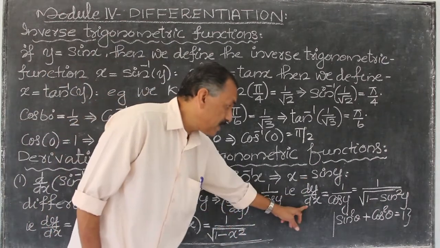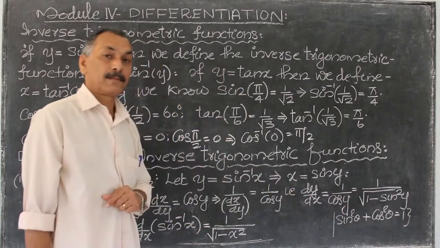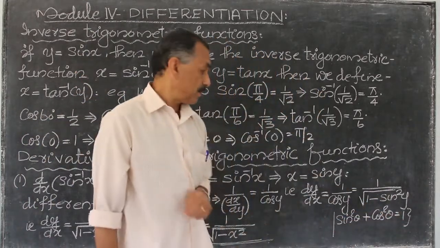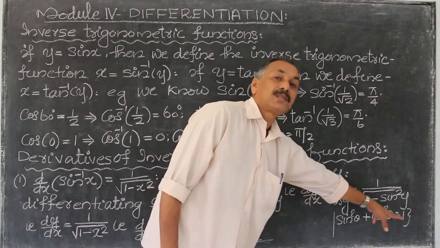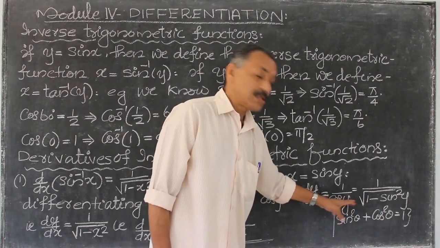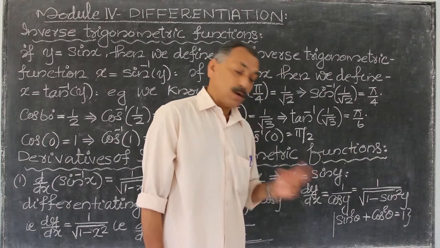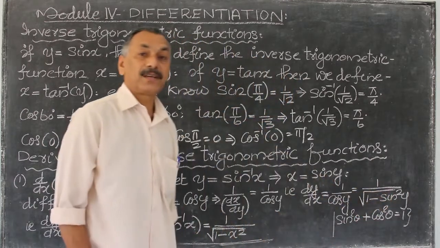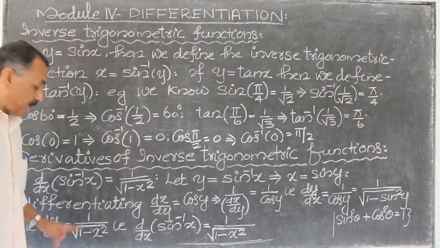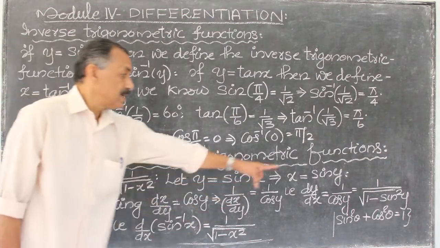That is dy by dx is equal to 1 by cos y, which is equal to 1 divided by root of 1 minus sin square y. We know sin square theta plus cos square theta is equal to 1, therefore cos theta is root of 1 minus sin square theta. Cos y is root of 1 minus sin square y. Okay? That is dy by dx is equal to 1 divided by root of 1 minus sin square y.